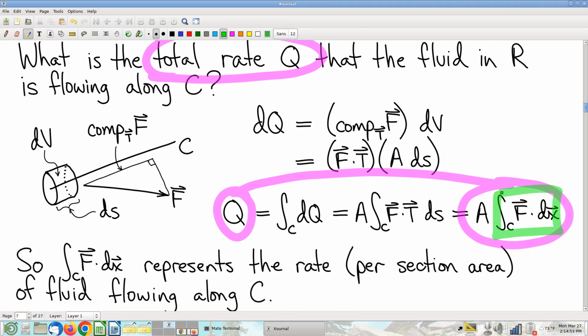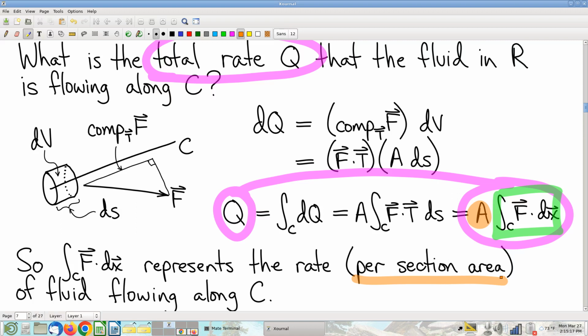And again, asterisk, the quantity in question is not just the line integral. There's also the business about this cross-sectional area. So the way I'm going to deal with that is to divide this area over to the other side of the equation, and then I can just say, okay, per unit cross-sectional area.